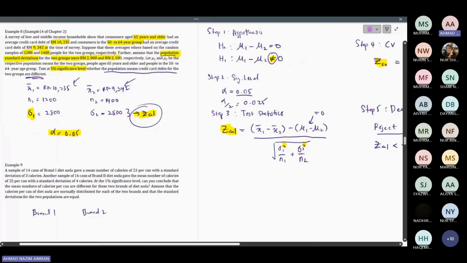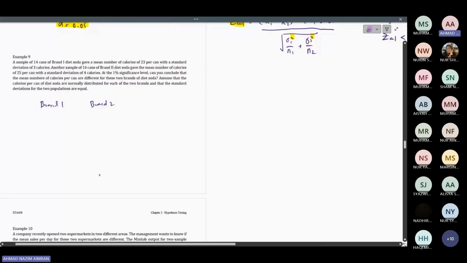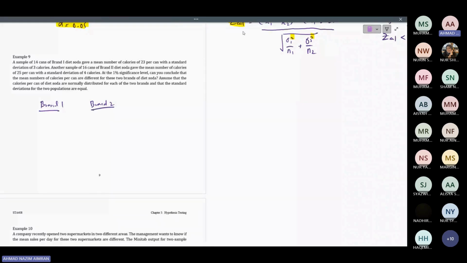All right. Now, let's discuss example number 9, brand 1 and brand 2. So a sample of 14 cans of brand 1 diet soda, 14 cans. Then we have n1 is equal to 14 cans. Gave a mean number of calories of 23 per can with a standard deviation of 3 calories. So x bar 1 is 23.